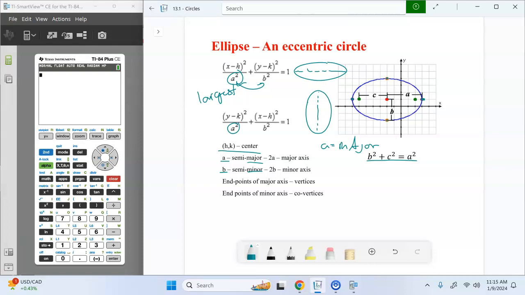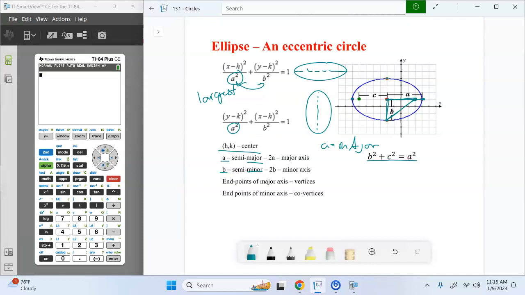And the reason is a has to be the largest distance of the three values. Our hypotenuse in a right triangle is also the largest. If I were to draw a line going from the focus to the minor co-vertex, that line is the same length as the distance from the center to the major vertex. And if I look at that, I can see, hey, I have this right triangle here, which is why we get that Pythagorean relation.